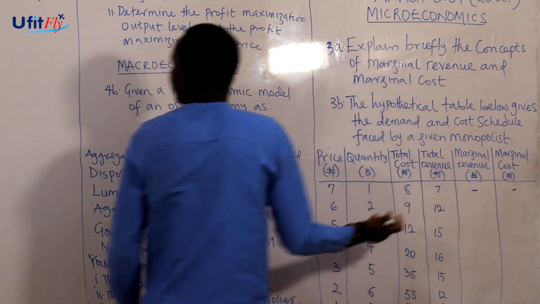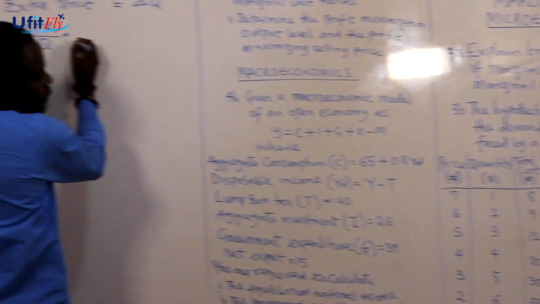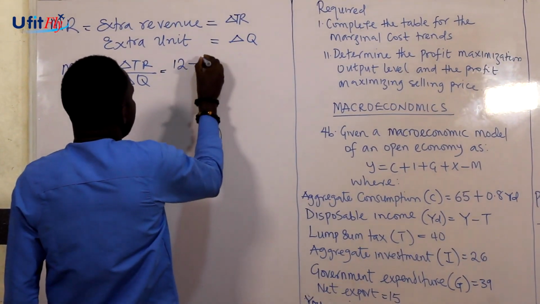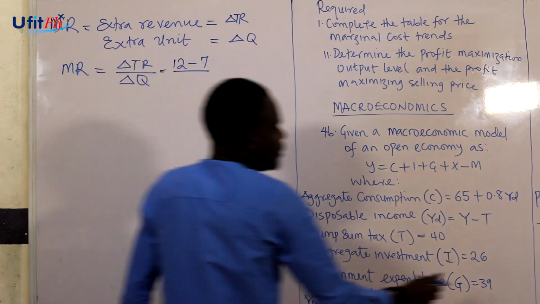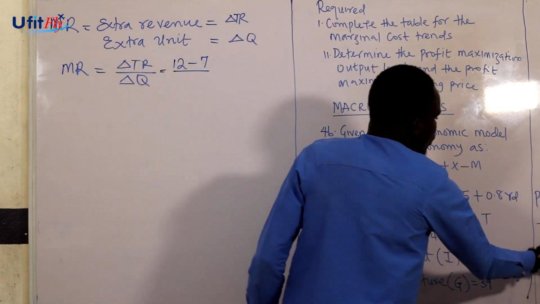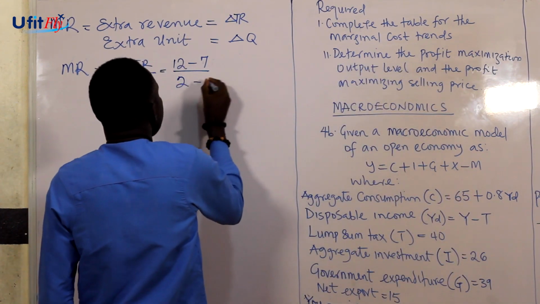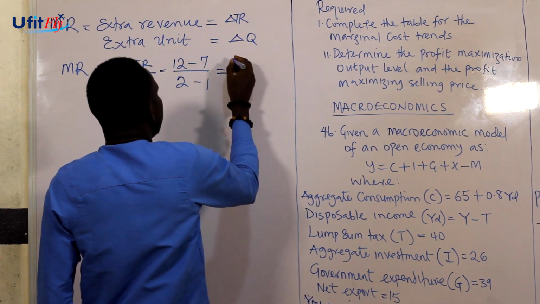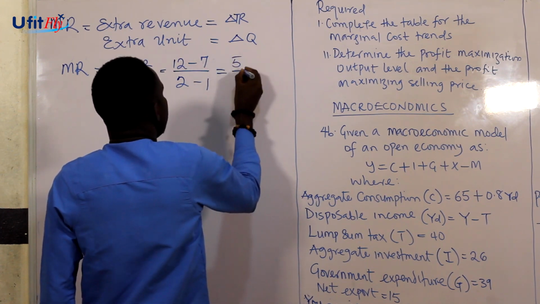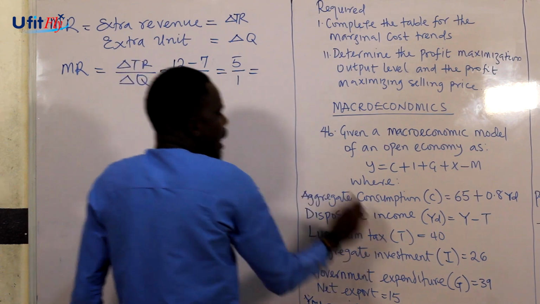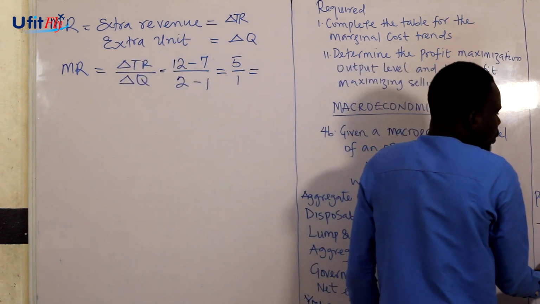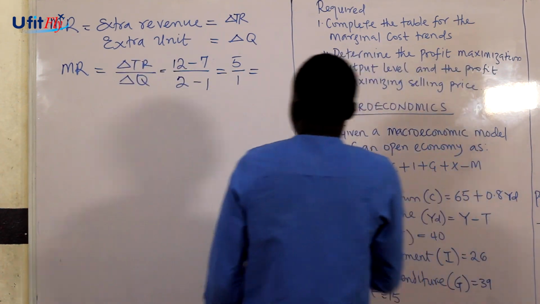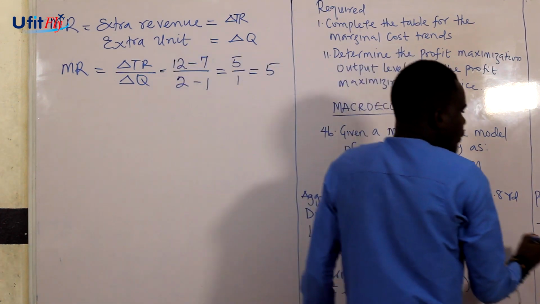Therefore, change in total revenue is 12 minus 7, while change in quantity is 2 minus 1. As such, this gives 5 divided by 1. As at the time 2 units were produced, the marginal revenue is 5.